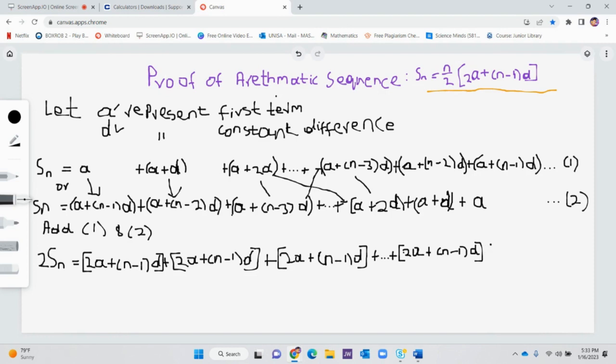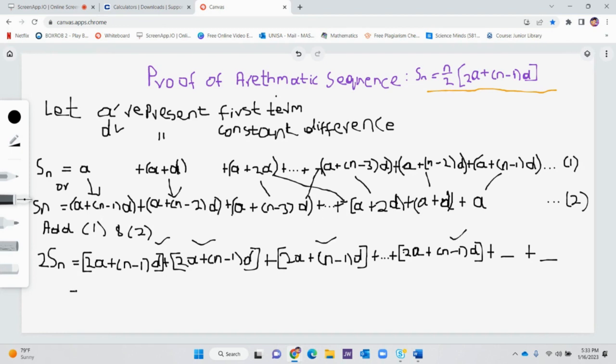Okay, so this is going to be for 3 times again, plus this one, that one, plus that one. You will also get the same thing, 2a plus n minus 1 d, plus 2a plus n minus 1 d. Please write it down when you are asked to prove this. Write that formula twice, 2 more times. I'm just writing a dash there just to save time of the video. You will notice then that it's the same thing that is being added over and over again.